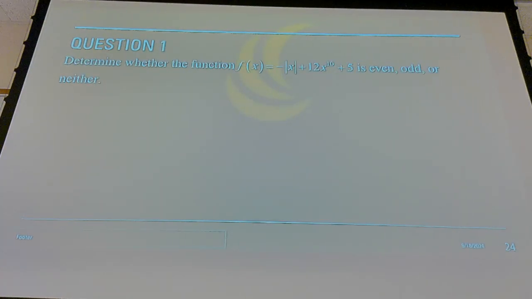And so determine whether the function is even, odd, or neither. What you want to do is look at f of negative x, if we're not looking at the graph. Absolute value of negative x.